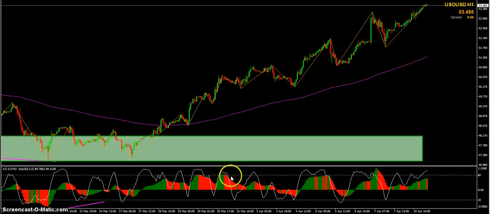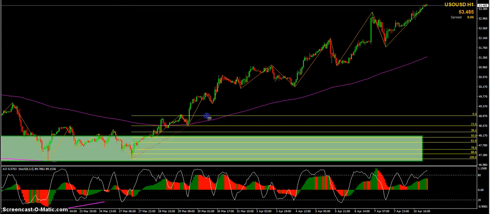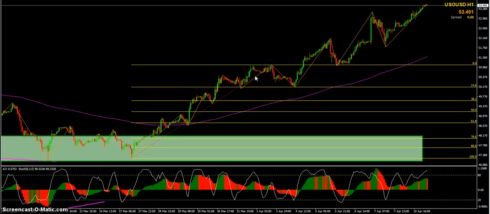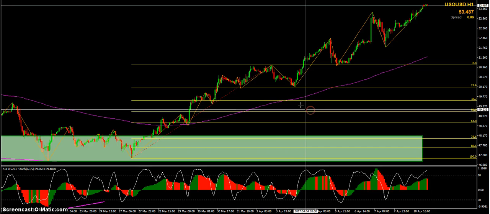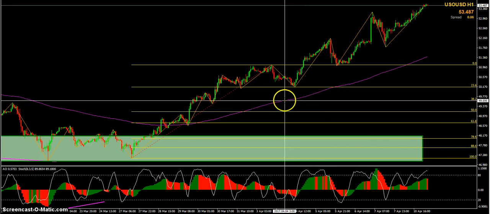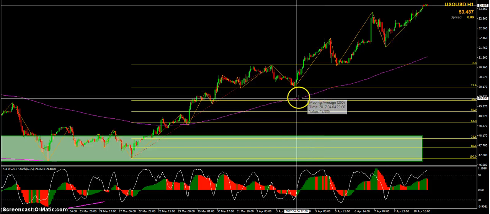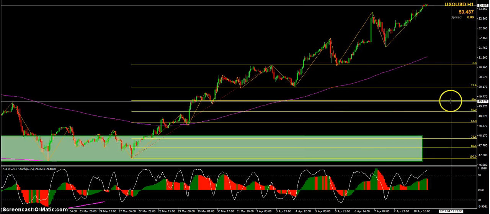We can see this large AO here coming back to the zero line. That's where we would grab our Fibonacci retracement tool and do it from the start to the finish of the wave 3 motion. For my entry requirements, I like to see it come back to the 1-hour 200 EMA line, this pink magenta line, and also the 38.2 fib level.